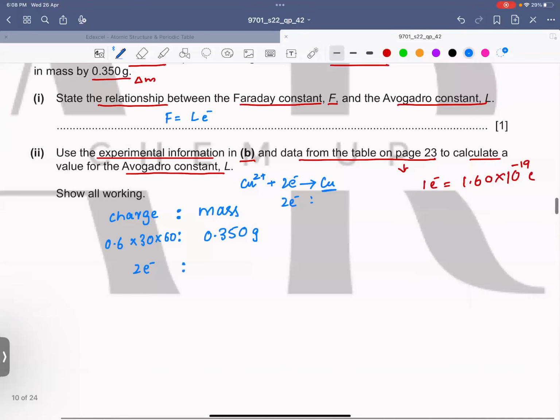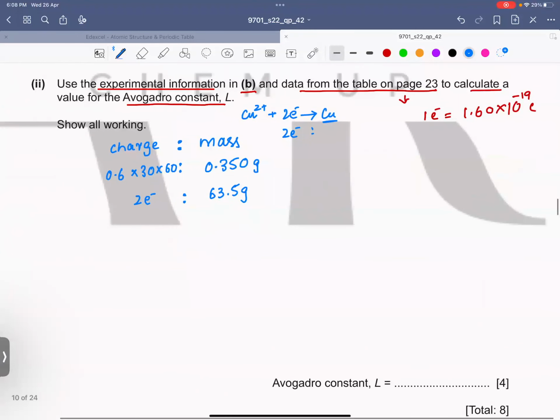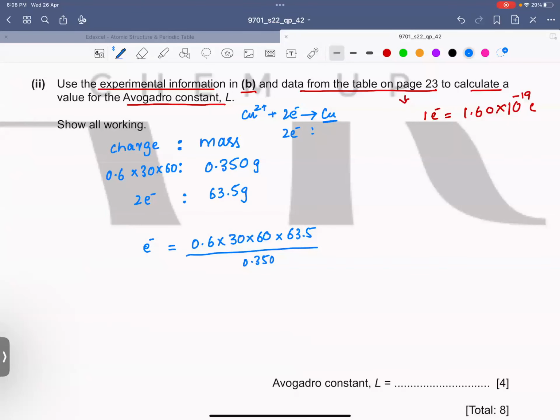So when the charge of 2 moles of electrons is passed, 63.5 gram of copper is produced. So to find the charge of 1 mole of electrons, it is 0.65 times 30 times 60 times 63.5 divided by 0.350 times 2. So can anybody solve and tell me the answer?